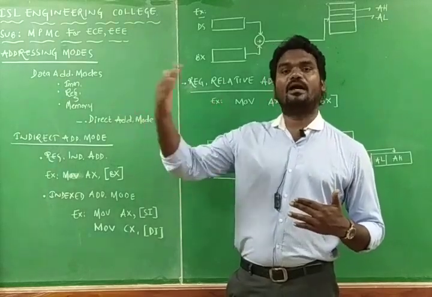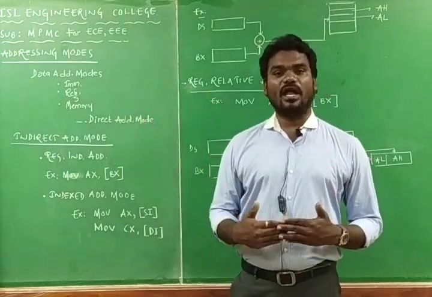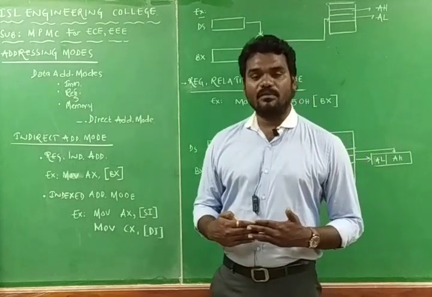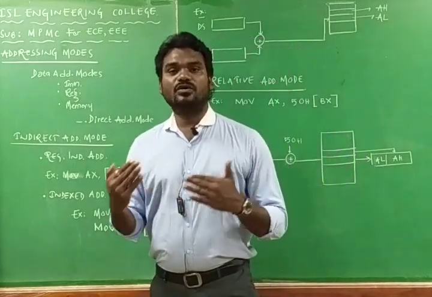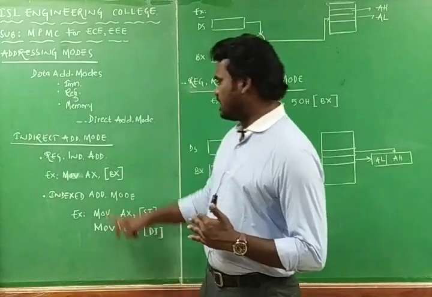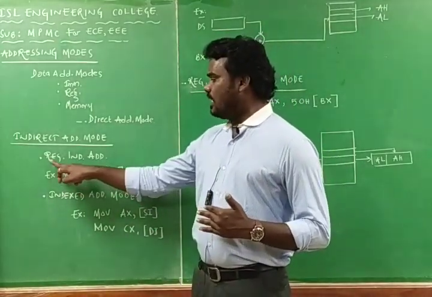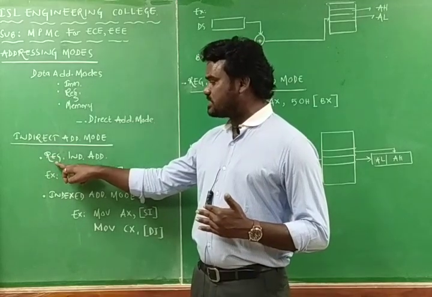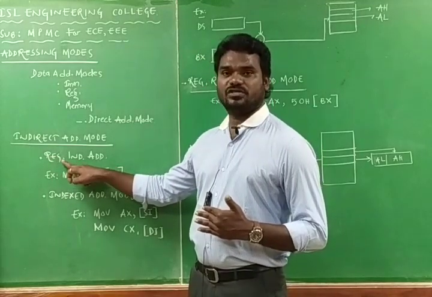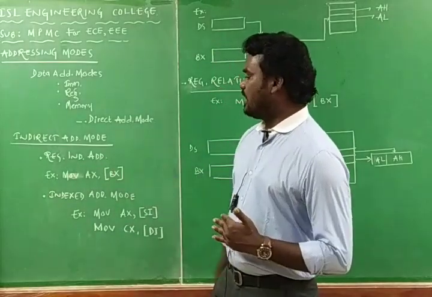From there, the operand can be accessed by the 8086 microprocessor, and based on the instruction it performs an operation. This is register indirect addressing mode, where the offset address is specified in the form of a register.